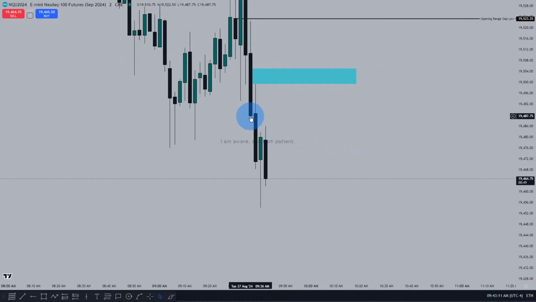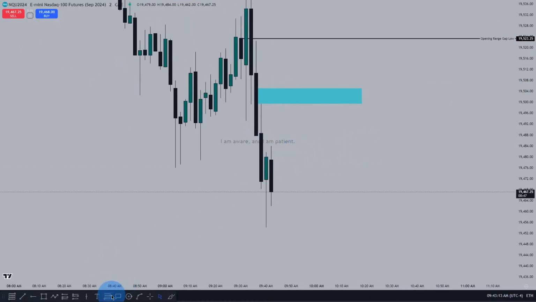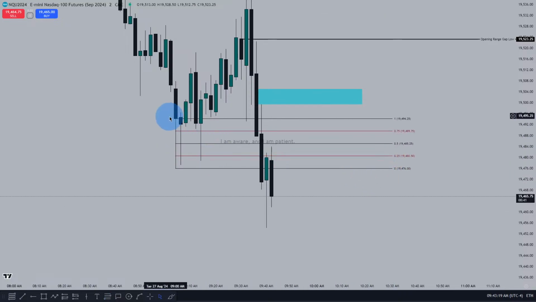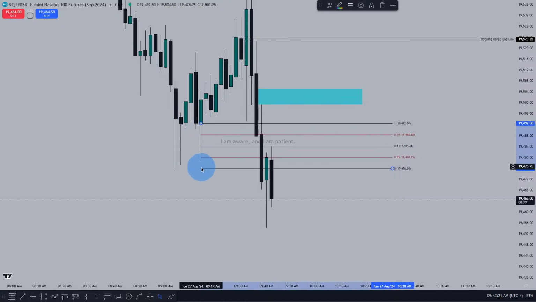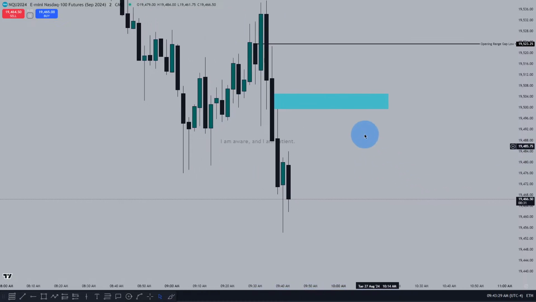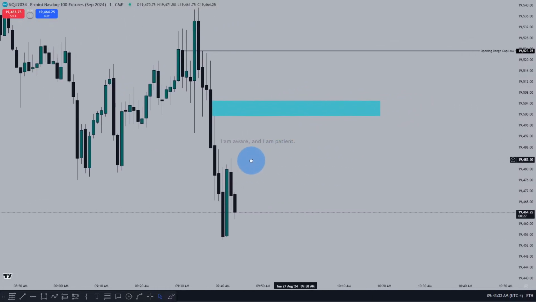Price has actually right now just run into this 2 minute gap. Just into the premium discount. Just also into there.